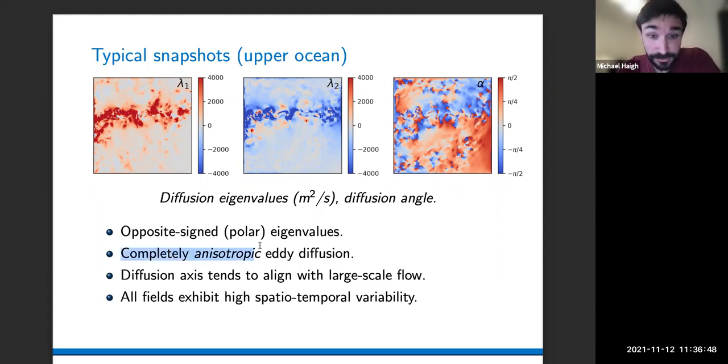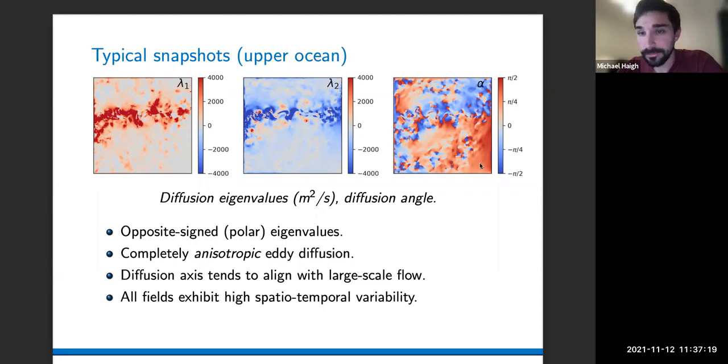So this means that the corresponding eddy diffusion is completely anisotropic, much more anisotropic than has been previously diagnosed in previous studies. One of the reasons why the anisotropy has a potential to be more pronounced than is diagnosed in previous studies is because lots of diagnostic methods are biased against diagnosing any kind of negative eigenvalues.